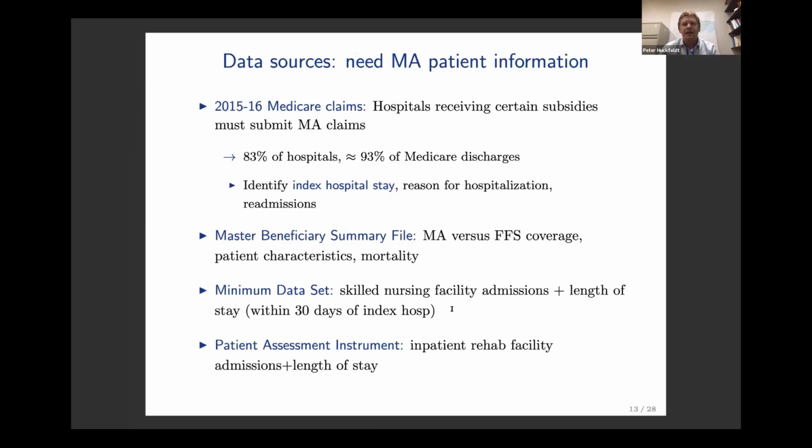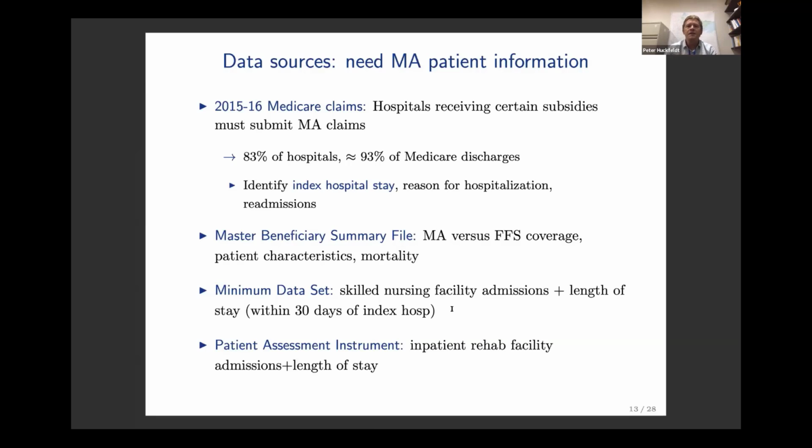So I want to briefly talk about data. Another challenge with studying Medicare Advantage is that it's difficult to get information on healthcare use. It's becoming more available, but it's still not as comprehensive as traditional Medicare.